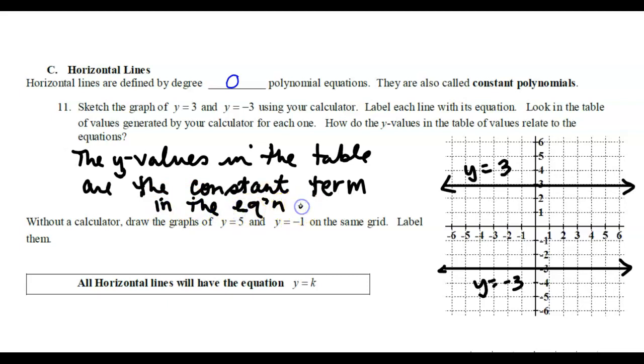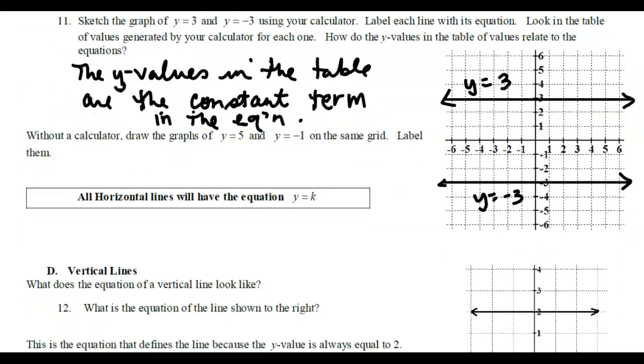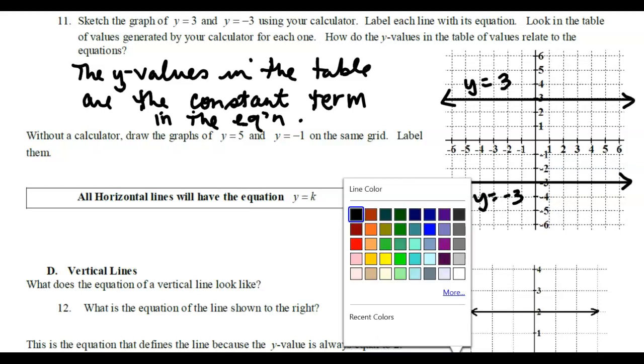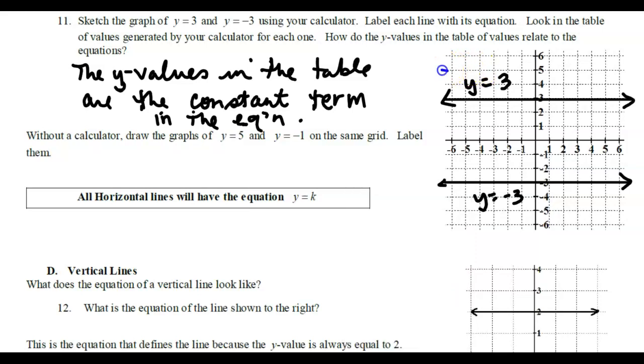My abbreviation for equation is EQ apostrophe N. Okay, so without a calculator, draw the graphs of y equals 5 and y equals negative 1. I'll use a different color. I'll use blue. So y equals 5 would be up here.